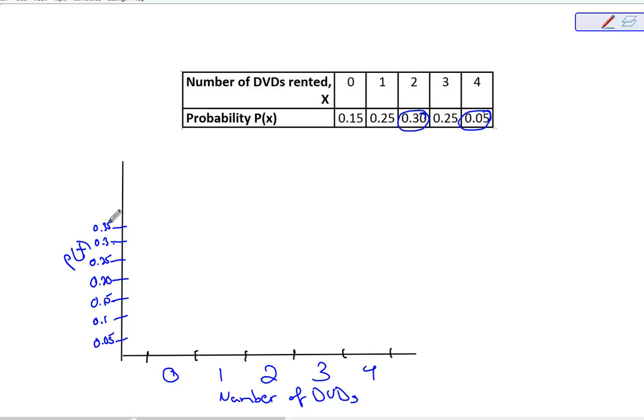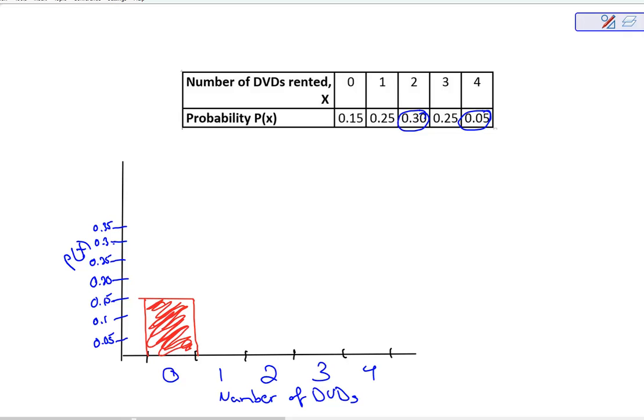And I'm going to draw this. So for 0 DVDs rented, that was 15 hundredths. So it's about right here. And then draw down. Okay. And I can shade that in a little bit.